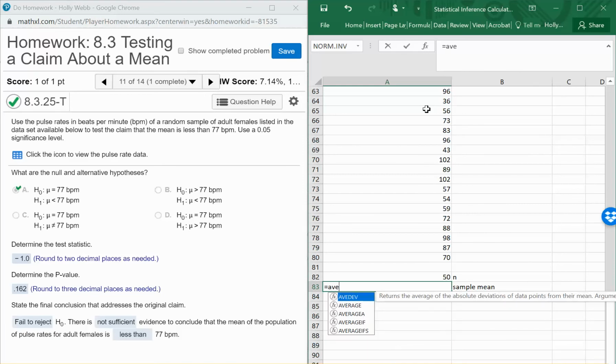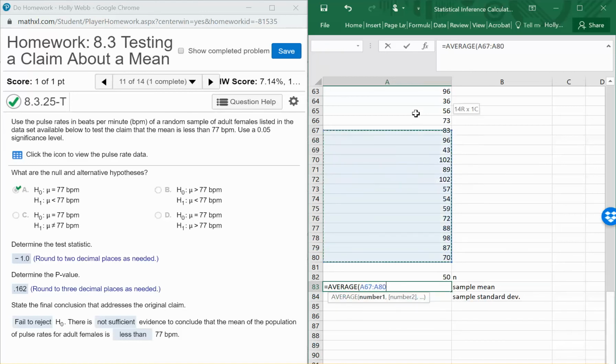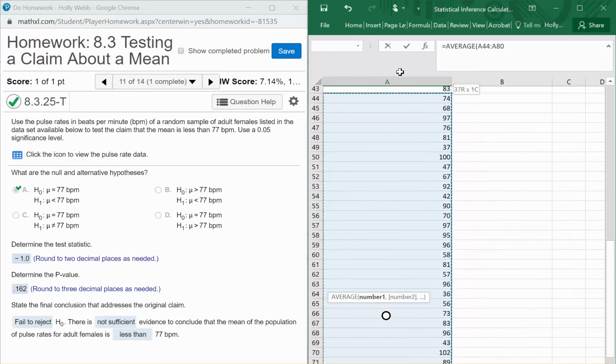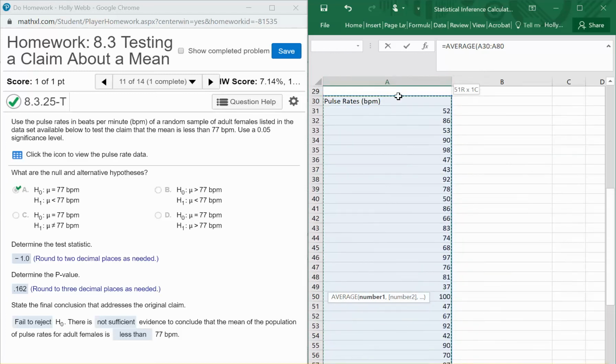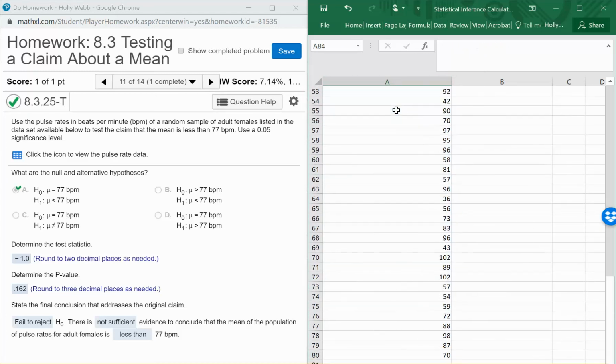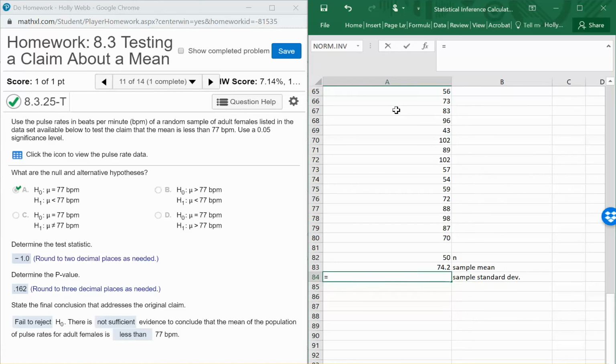I'm just going to say equals average and select all my data. And I get 74.2 for my sample mean, and my sample standard deviation is going to be STDEV.S, sample standard deviation, for all of this data.